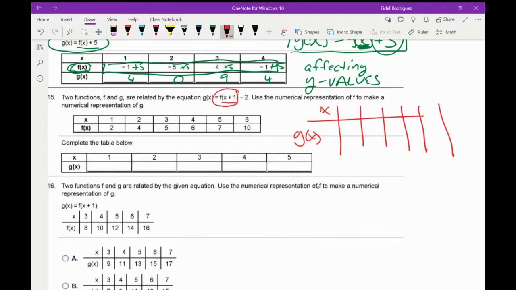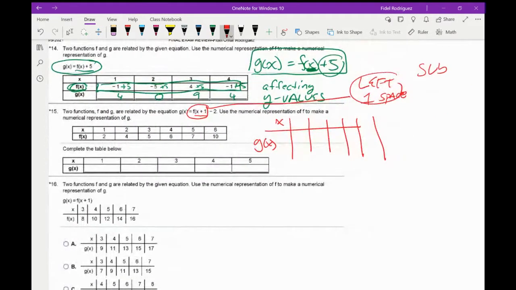Now, I want you to notice here, there is a plus 1. When it's on the inside, we're moving everything to the left one space, okay? Which means we're actually going to subtract, I know it says plus, but we're actually going to subtract 1 from each of the x values, okay?